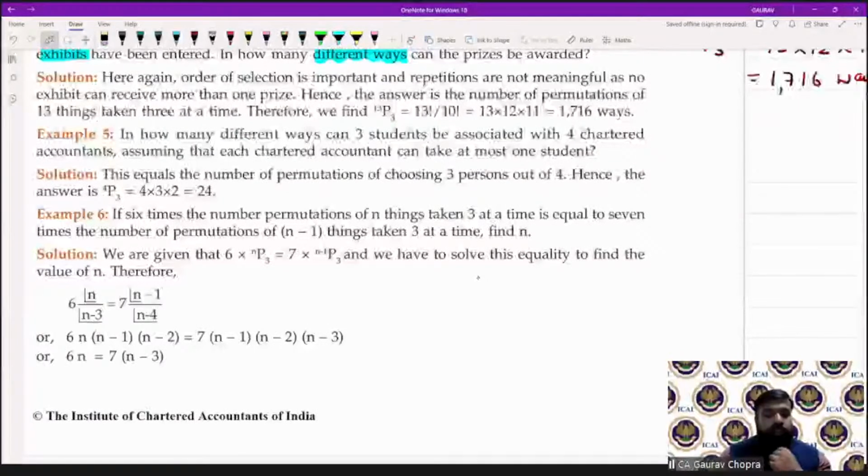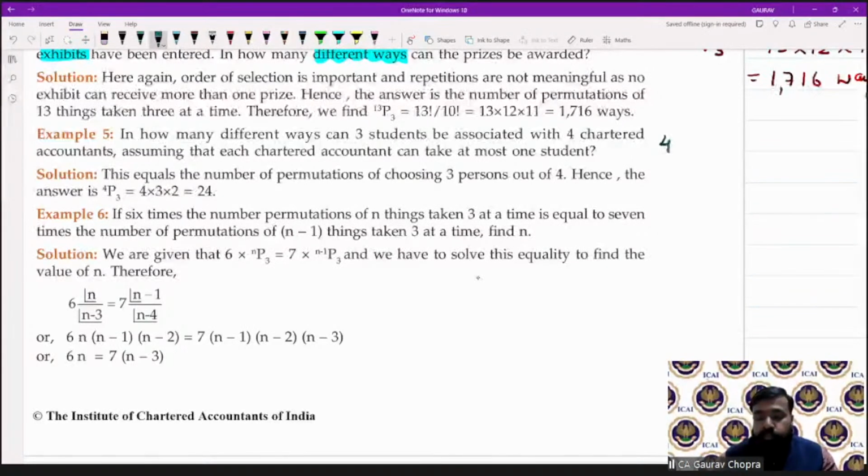Then the fifth one. In how many ways can three students be associated with four chartered accountants, assuming that each chartered accountant can take at most one student? So four chartered accountants are there and only three students are available. So how many ways are there?